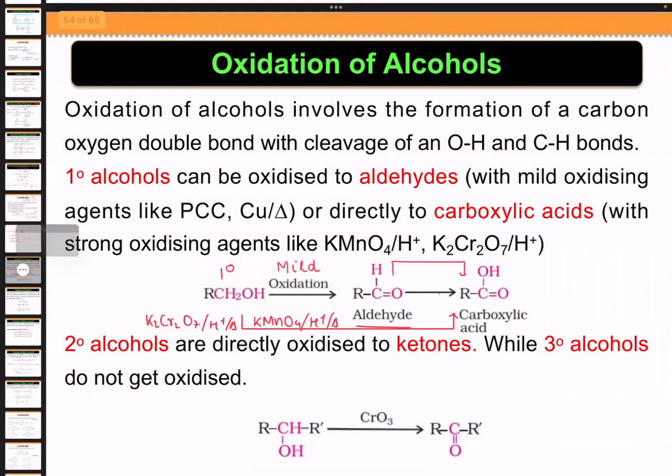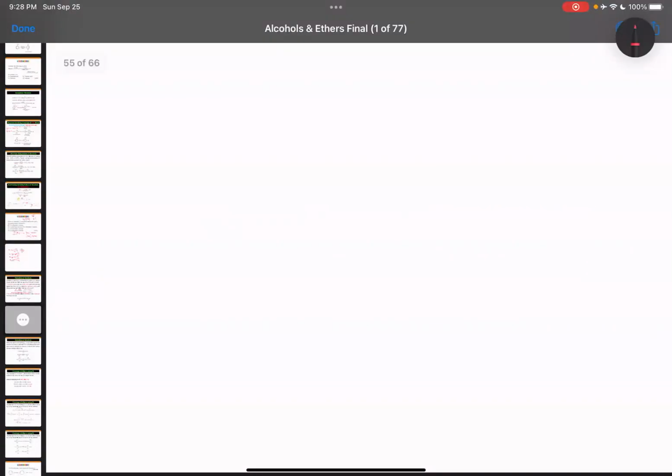The mild oxidizing agent is actually PCC. Oh yes, and PDC. Yeah, PDC. Okay. And what's the full form of PCC and PDC? It is pyridinium chlorochromate.